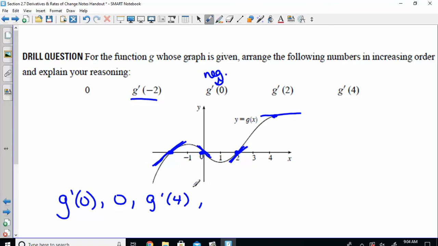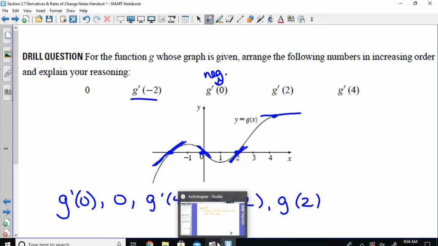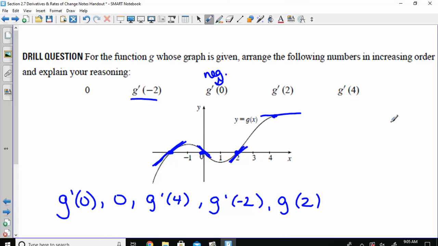We want the least steep of those, so it's kind of a toss-up. I might say that at -2 it's a little less steep, and at +2 is probably my steepest line. That's an approximation. We didn't find that for sure, but it's a rough guess based on our slopes. Is that okay with everybody?